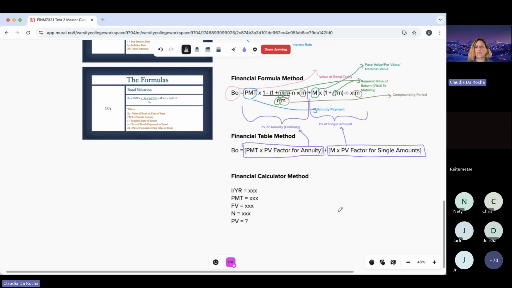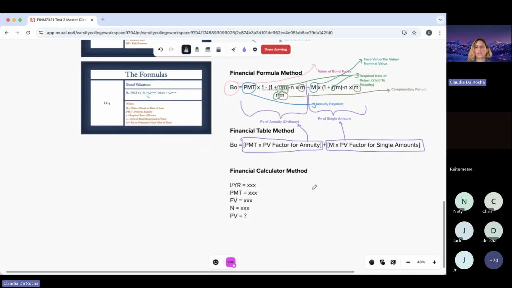Then we obviously have our financial calculator method, which is you literally just note down the different elements and the calculations. It's very important to show these as well as the calculations because you get marks for showing these. When you're dealing with a compounding period, there is an option to put period per year, P/YR, but I've opted not to include it here because I know using period per year can be tricky.